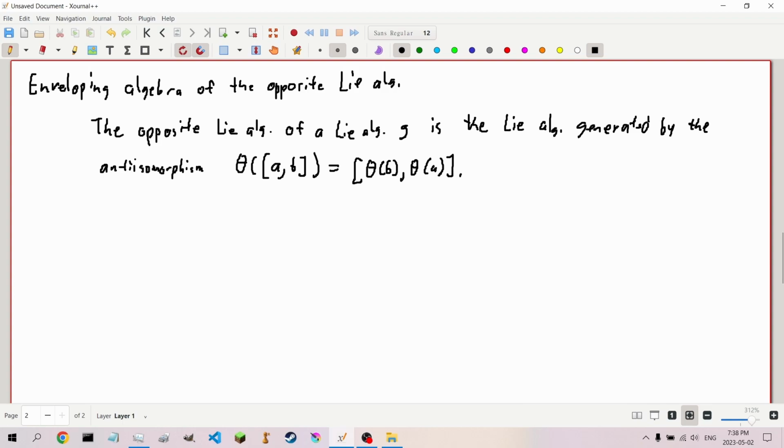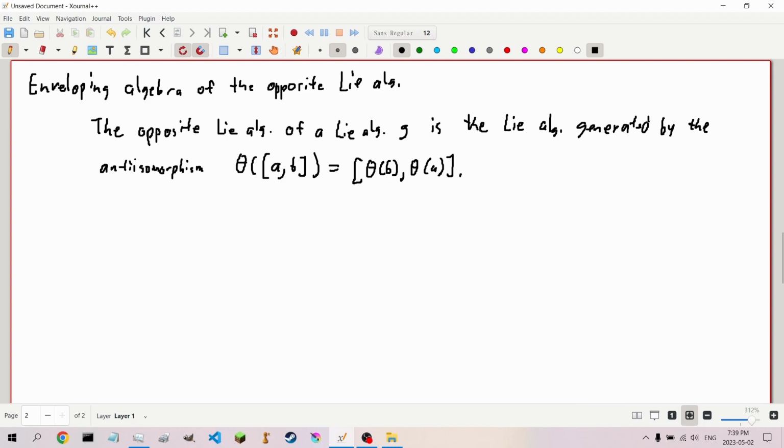That's what makes it an anti-isomorphism. So essentially, the additive and scalar multiplicative structures on G are the same as its opposite, but the order of the product gets switched. That's the definition for an algebra in general, and that's how it spreads to a Lie algebra. For a general algebra, you just replace the Lie bracket with the standard product.